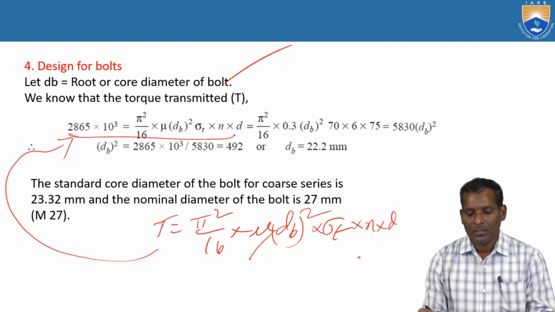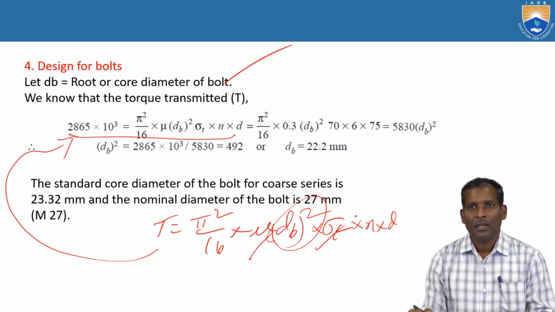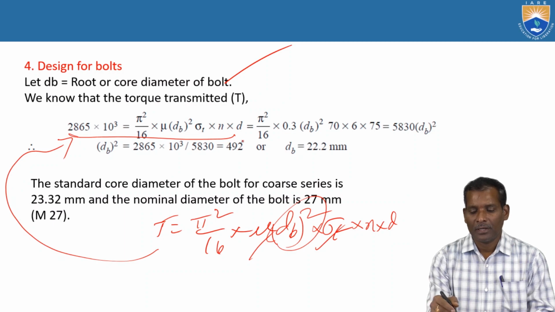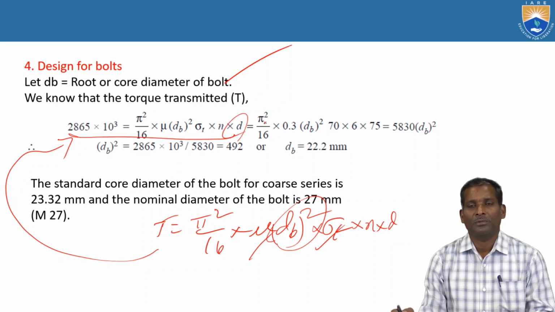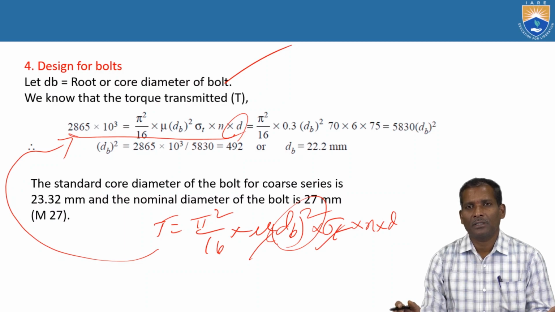Substitute sigma t, the n value 6, and d. The diameter of the bolt needs to be calculated, it is not available. Sometimes the number of bolts may not be given. In that case, you may assume 4, 6 or 8.